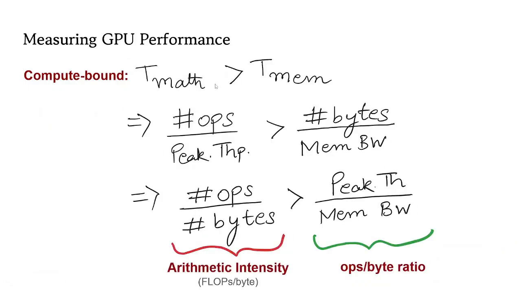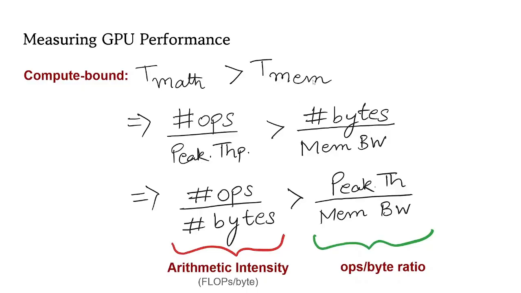In the compute bound regime, the math operations take more time than the memory ones. These quantities can be measured for a program, but even looking at an algorithm, we can find them out. Tmath is basically how many floating point operations are involved in that algorithm, and then the rate at which those operations can be performed, which is given by the peak throughput of the GPU.